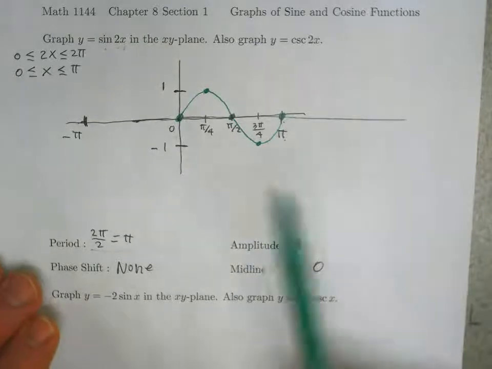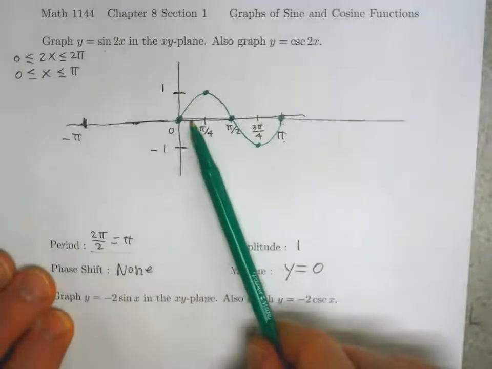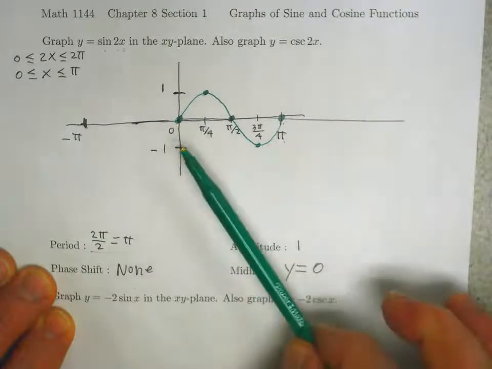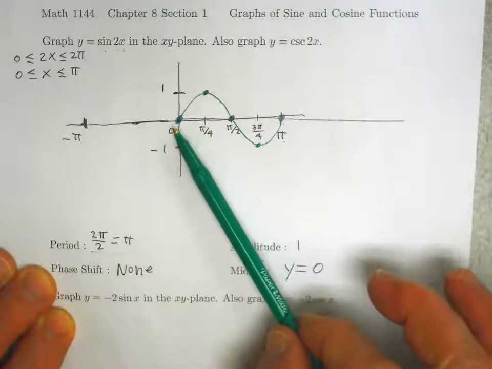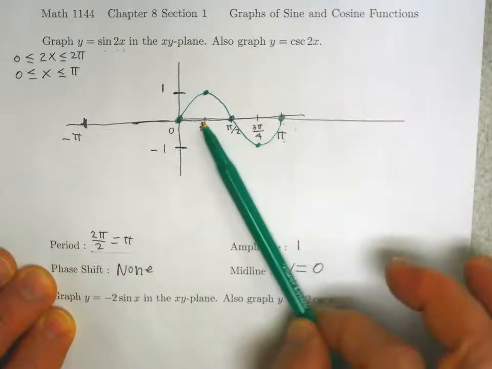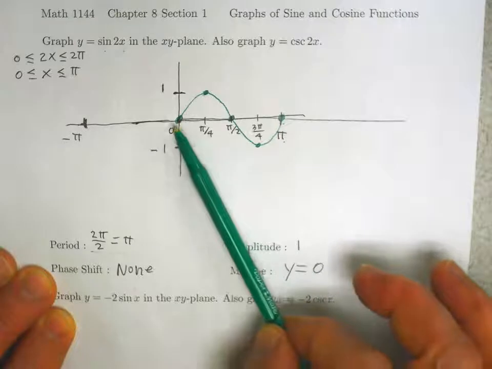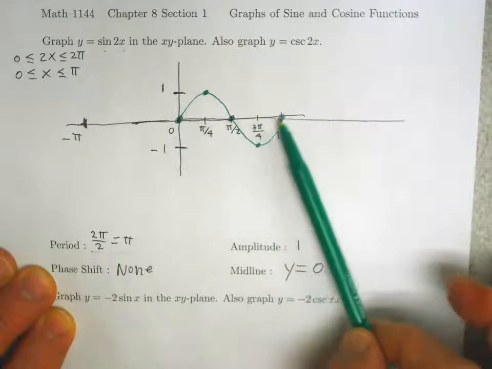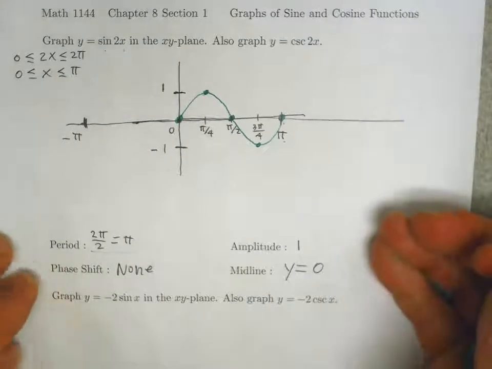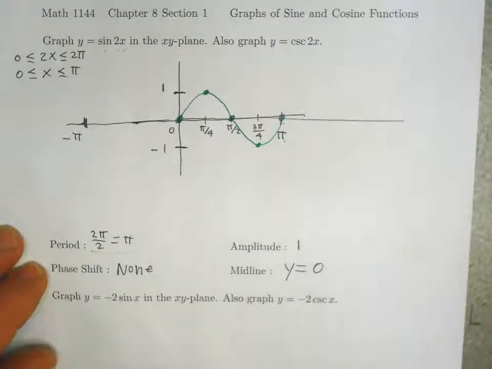If you ever want to, you're allowed to plot more points along the way, but dividing the period into 4 parts and evaluating the function at the endpoints of the subintervals is sufficient to get a graph for that sine function.